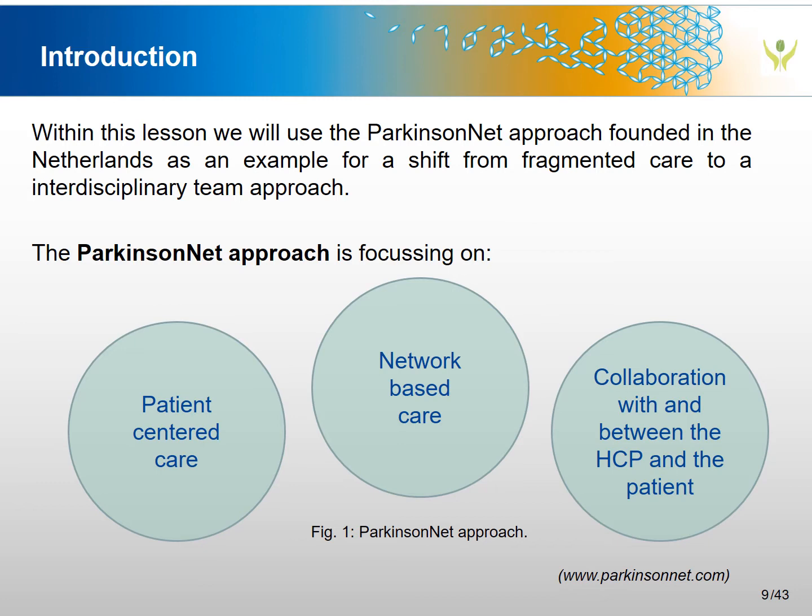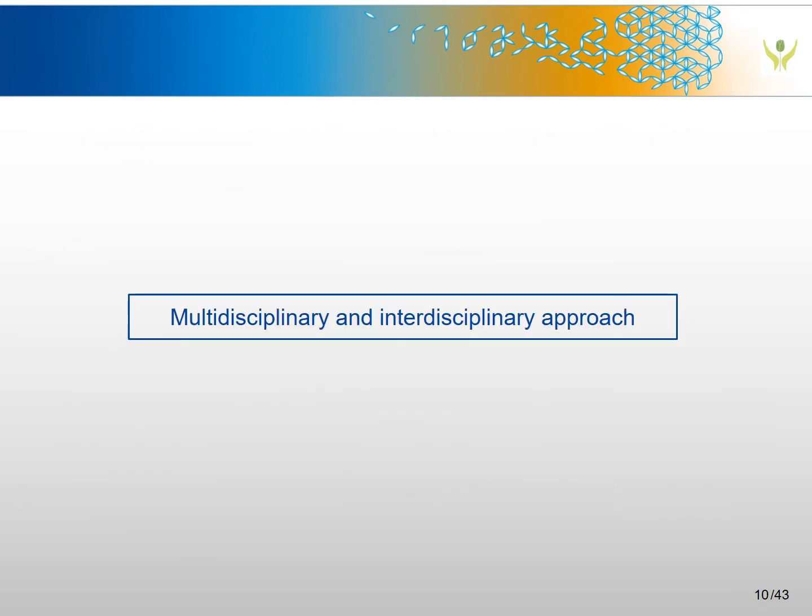Parkinson Net was founded in the Netherlands in 2004 and has since expanded into a global network. The Parkinson Net approach focuses on the following three pillars: patient-centered care, network-based care, and collaboration with and between healthcare professionals and patients.